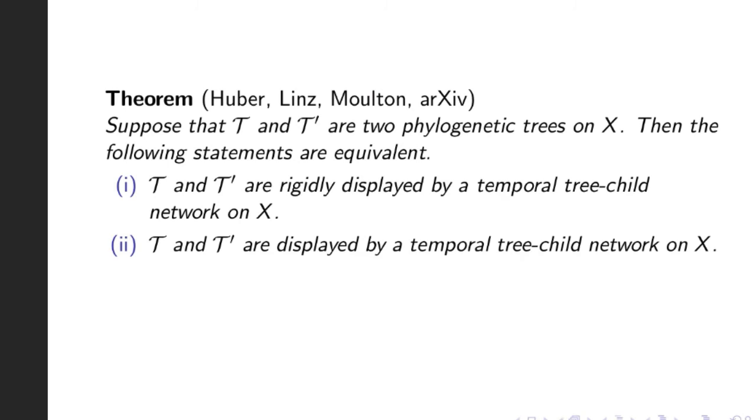If we have 2 phylogenetic trees, then we can show that these 2 phylogenetic trees are rigidly displayed by a temporal tree-child network if and only if they are displayed by a temporal tree-child network. What is important to note, though, is that the temporal tree-child network referred to in assertion 1 need not be the same as the temporal tree-child network referred to in assertion number 2.